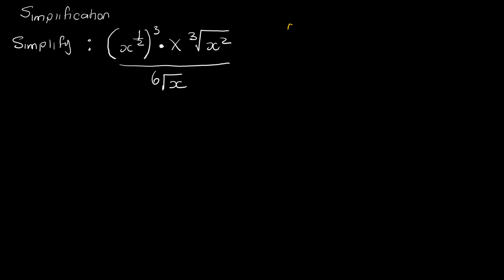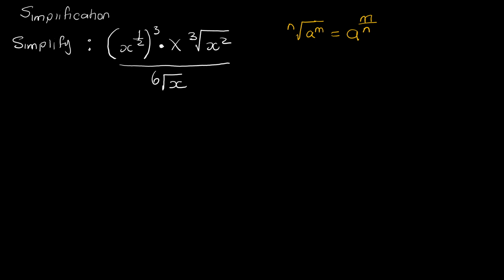If I have the nth root of a to the power m, this is equal to a, the base, to the power m over n. Whatever you have outside the root is your denominator. So the exponent inside the square root comes on top, then you divide that by whatever you have outside your root. I hope this makes sense.